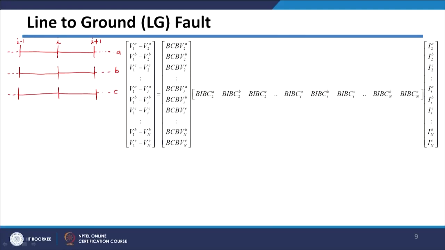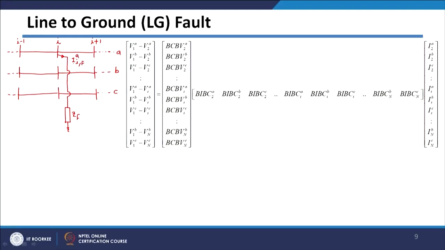So if the line to ground fault is occurring on A phase, this will be represented by this structure, and this fault impedance is say ZF, and the fault current which is flowing towards the fault is say I_F.